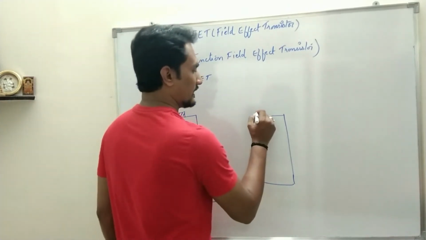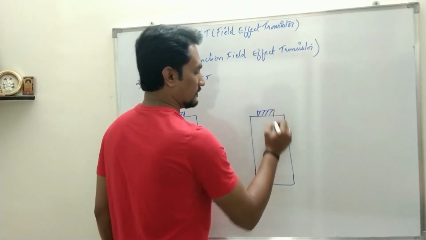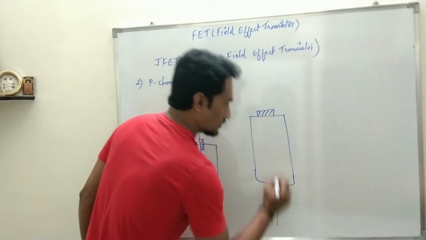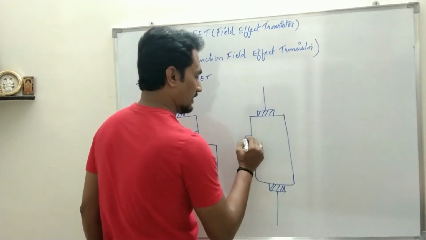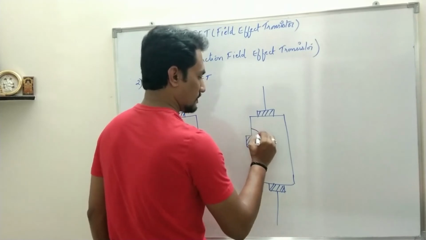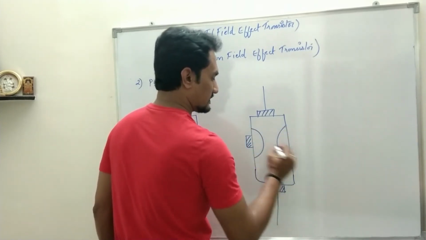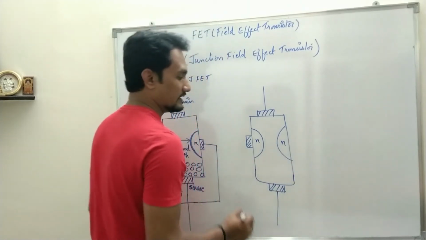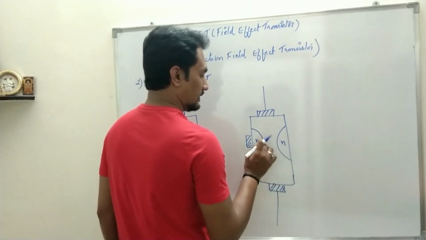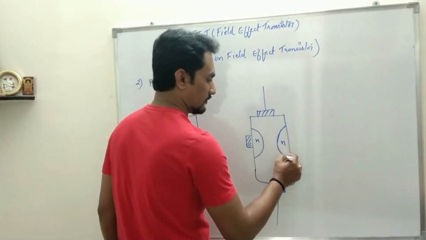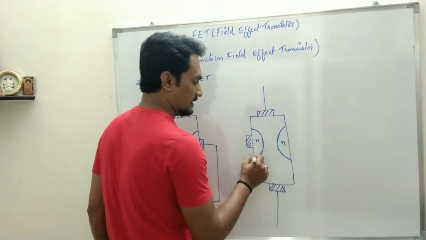Again we have drain, source, then we have gate. On either side we will dope pentavalent impurity to form a PN junction. As soon as a PN junction is formed, a depletion layer will be there.